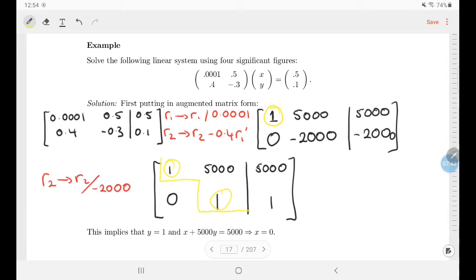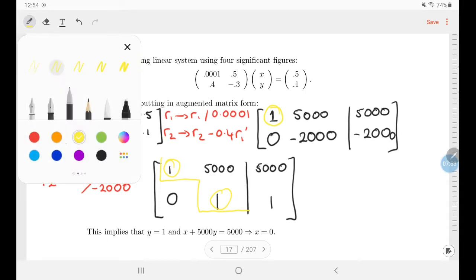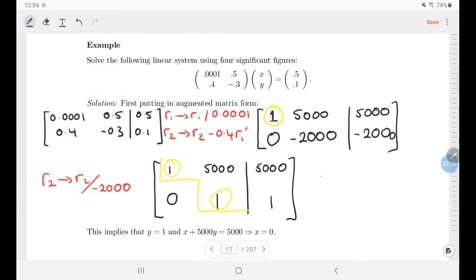If y is equal to 1, we get x plus 5,000 is equal to 5,000, which means that x is equal to 0. So our solution, using 4 significant figures, is that x is 0 and y is 1. You can write it like this: x is 0, y is 1.